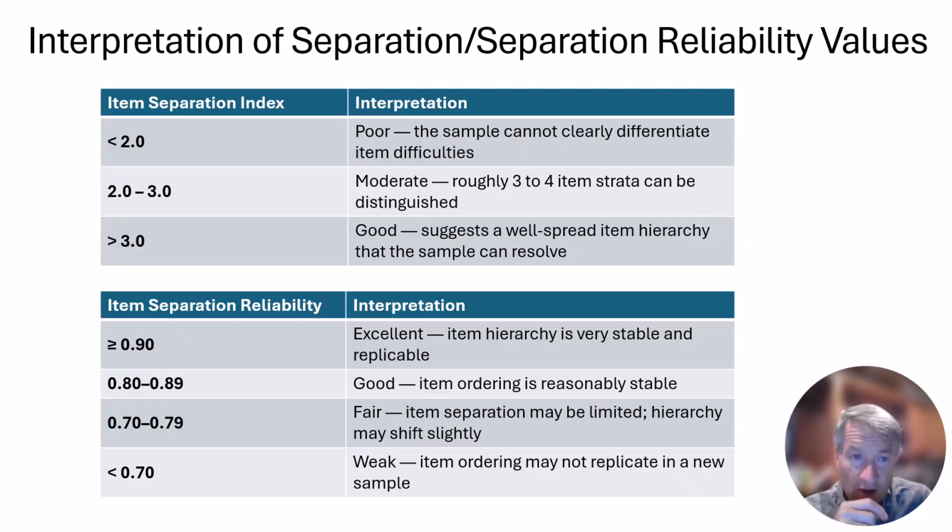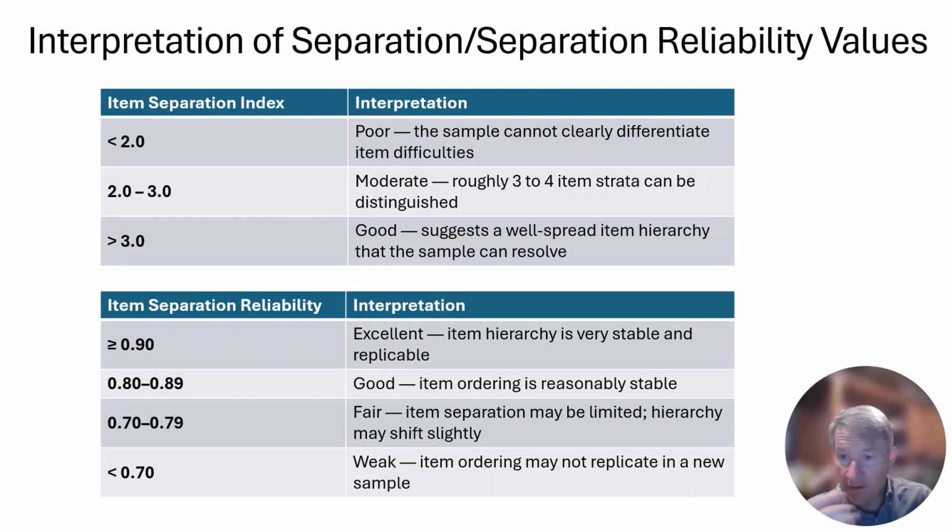And then with regard to item separation reliability, we see from the table that beginning at about 0.8 and above, the item ordering goes from at least reasonably stable to very stable at values above 0.90. That would be a good situation to be in from an item separation reliability standpoint.